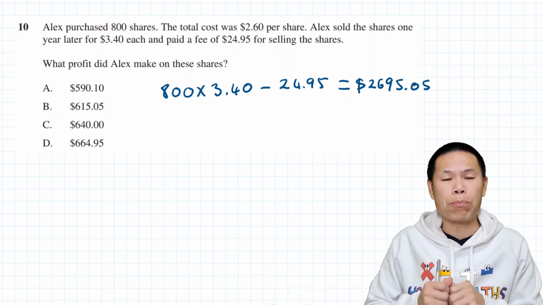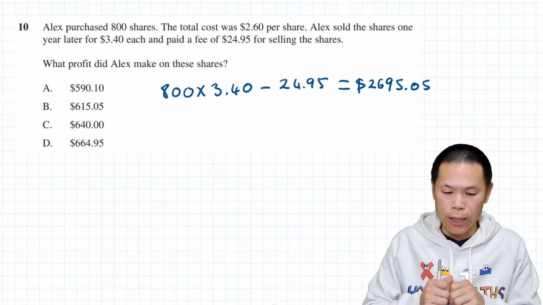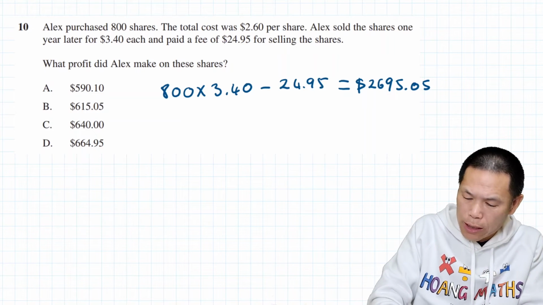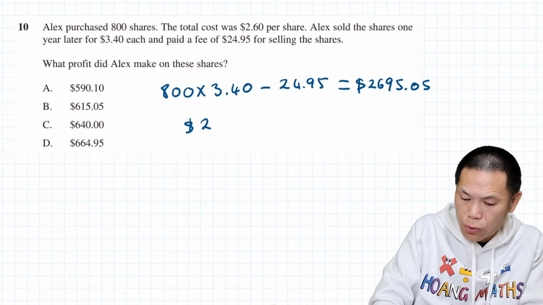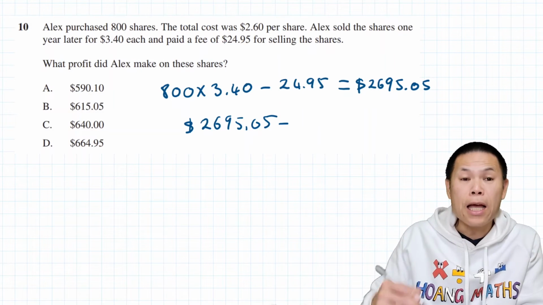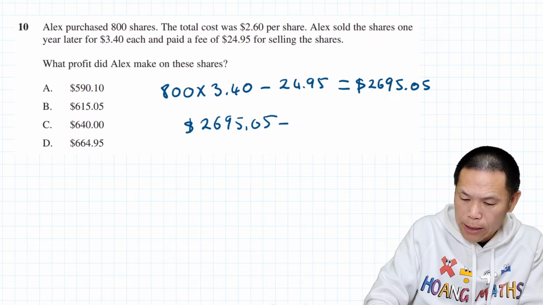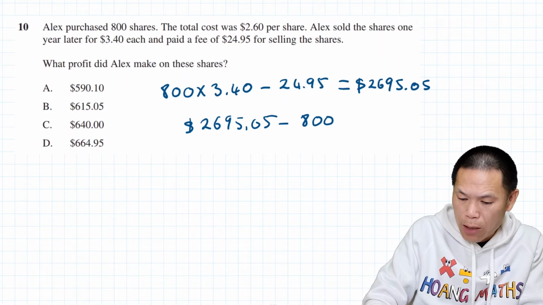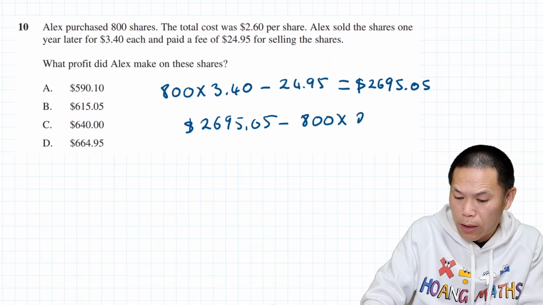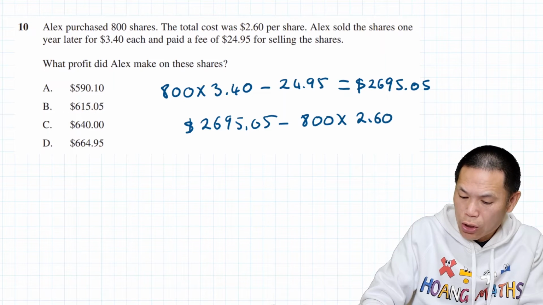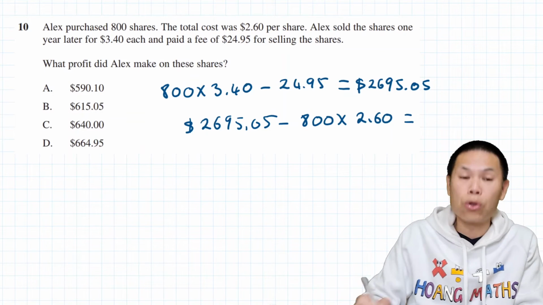But then to work out the profit, we need to minus the cost that was involved. So that is 2695.05, we minus how much is put in. So that is 800 shares times $2.60 each. So let me put that on a calculator.